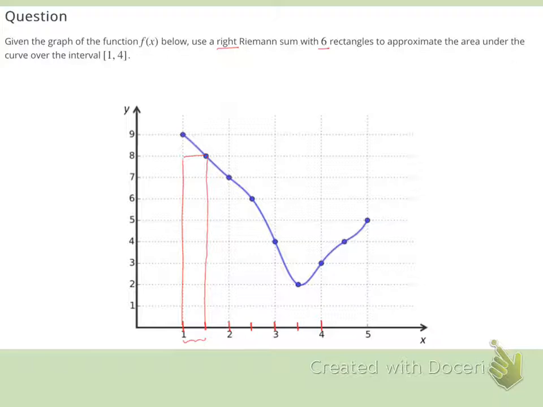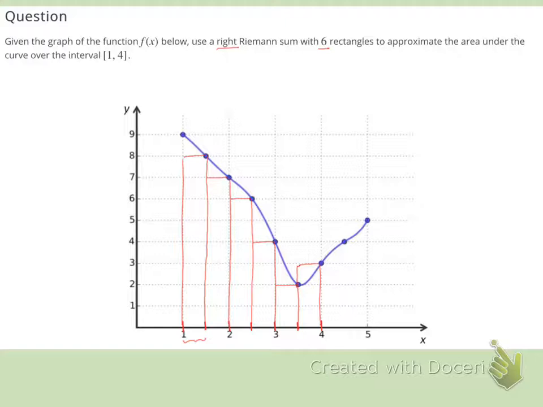And then I'm going to do this for each one. Looking at the next rectangle, the height will be there. The next rectangle, it would be here. And so on, until we get to 4.